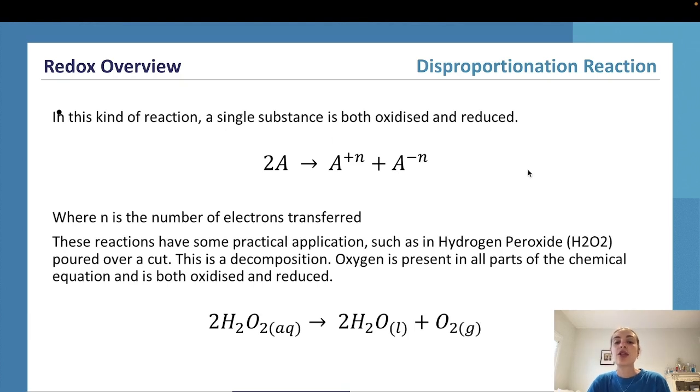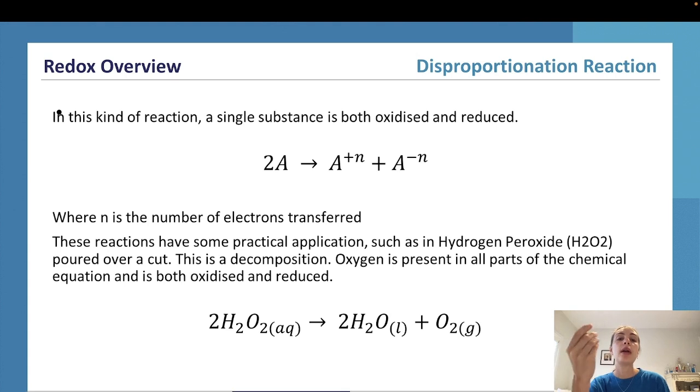Our final reaction that we're going to look at is called a disproportionation reaction. In these types of reactions, you've got a single substance that is being both oxidized and reduced at the same time. This is going to be like this example here where we've got 2A makes A plus a number and A minus a number.